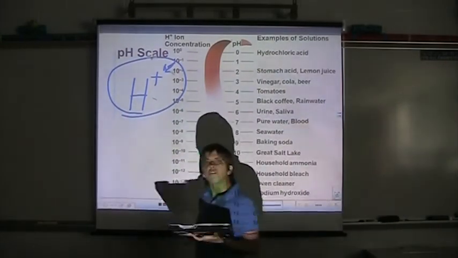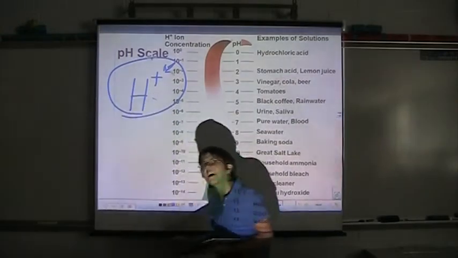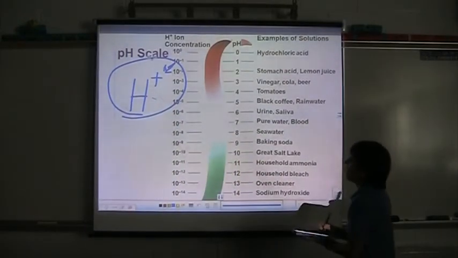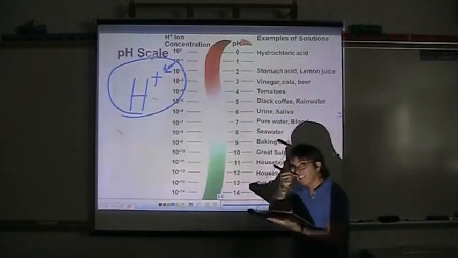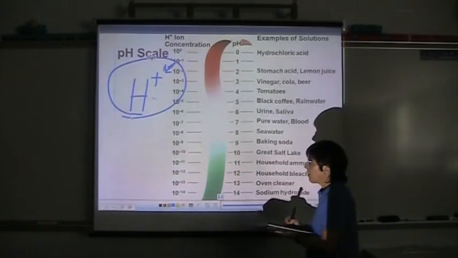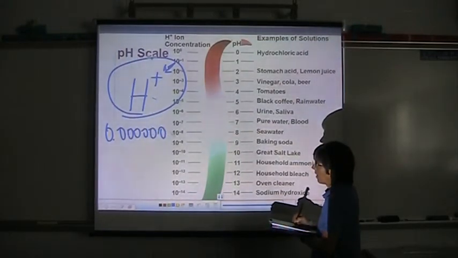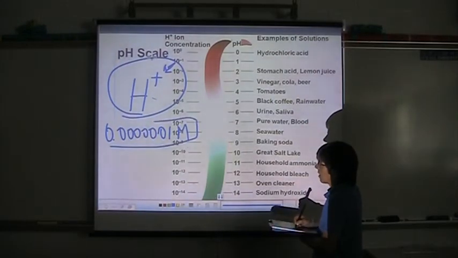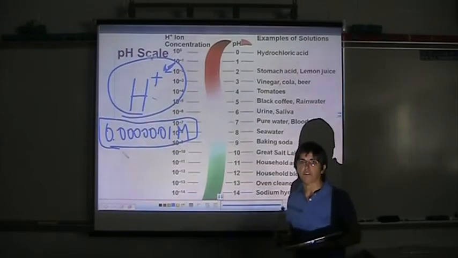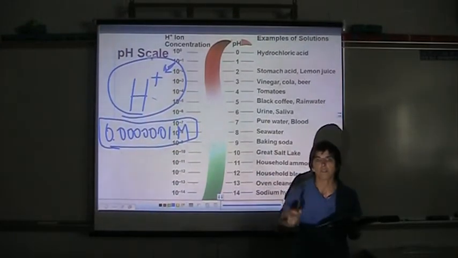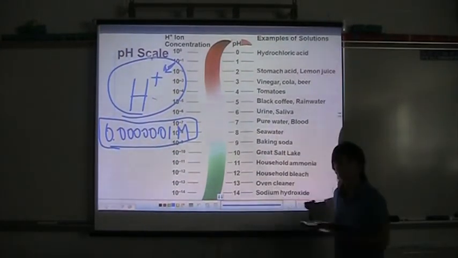What's the concentration of hydrogen ions inside your body? If I go inside, grab your blood and check how many hydrogen ions you have: 0, 1, 2, 3, 4, 5, 6, 7 molar. That's how many hydrogen ions you have in your blood right now. Good?